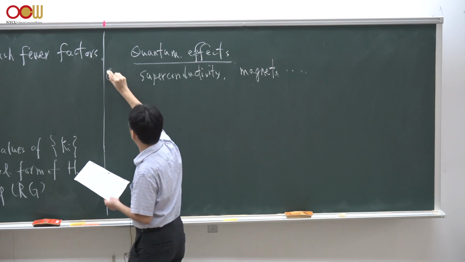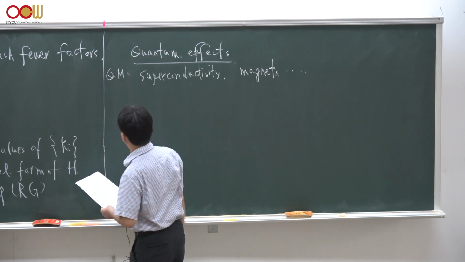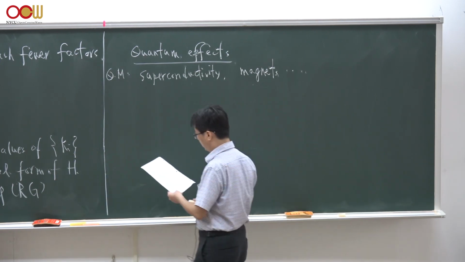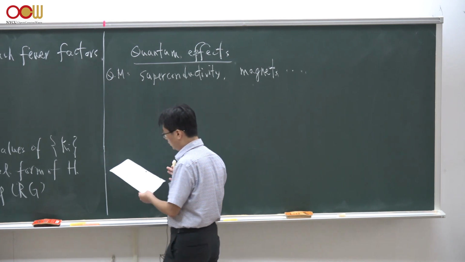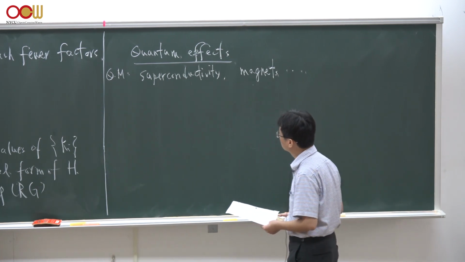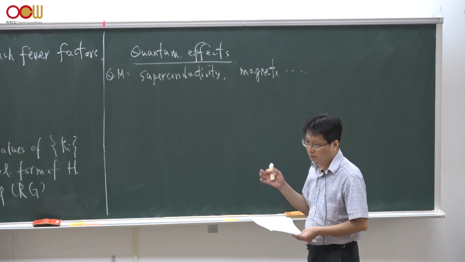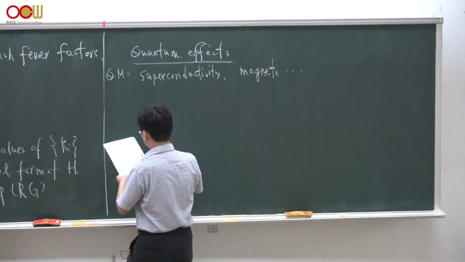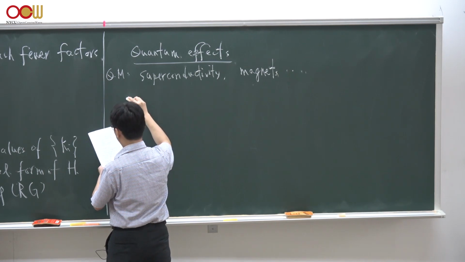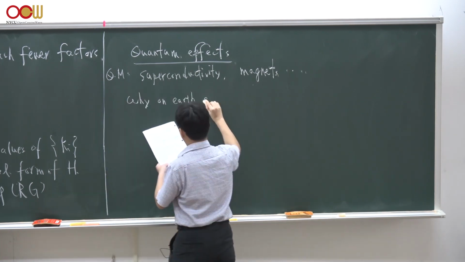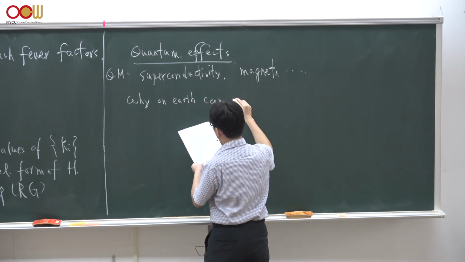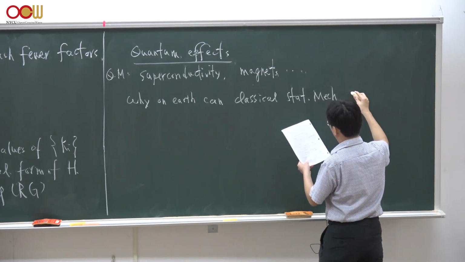Quantum mechanics plays an important role at the ground state. But the main message I would like to tell you is that near the finite-temperature transition, quantum mechanics doesn't play an important role. But we need to answer this question: why on Earth can classical statistical mechanics describe all of this?